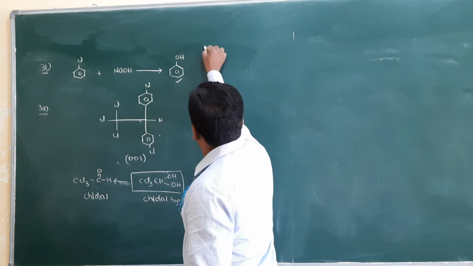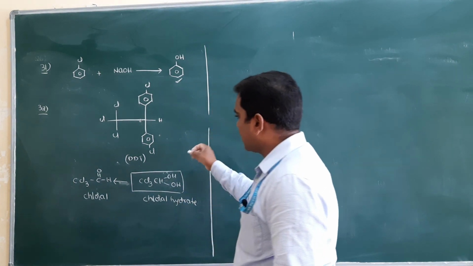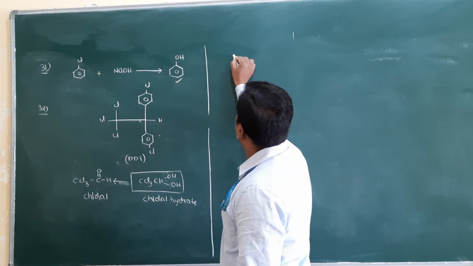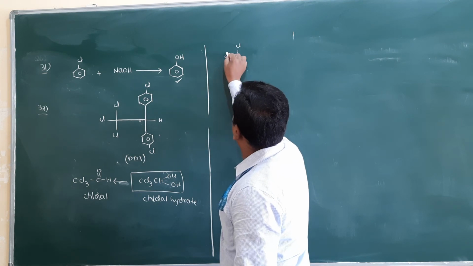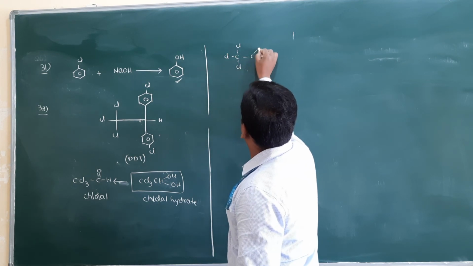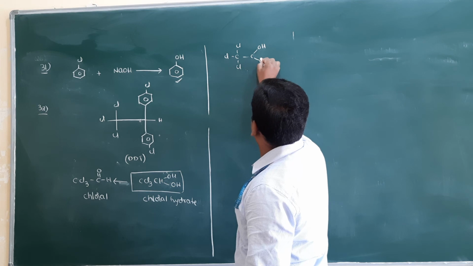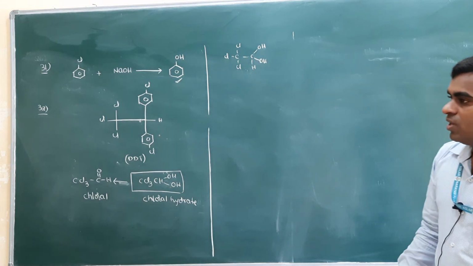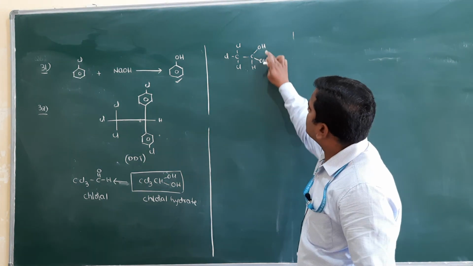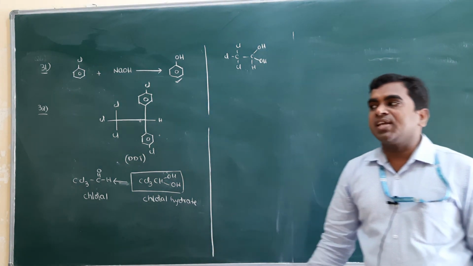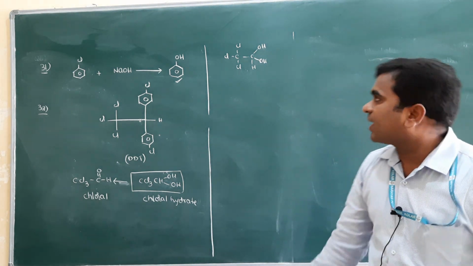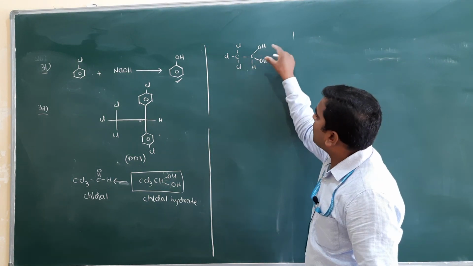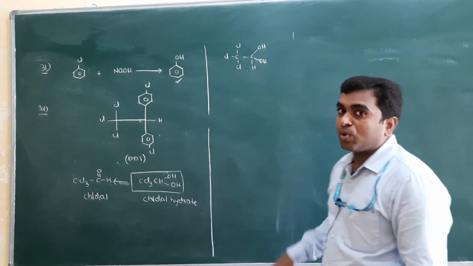So we take trichloroacetaldehyde in its hydrated form. You may ask, if two OH groups are present on the same carbon then the compound is unstable, but this compound is stable.